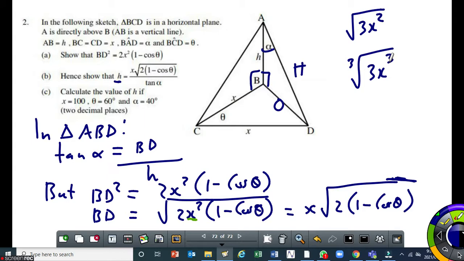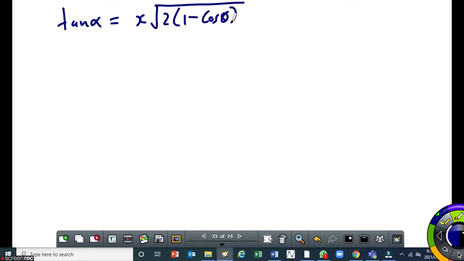So this is where it comes from. Once you have got that, it's very simple. You plug it in, and then you cross multiply. So let's carry on to the next page. From there, we are going to end up having tan alpha is equal to x times the square root of 2 times 1 minus cos theta, all over h.